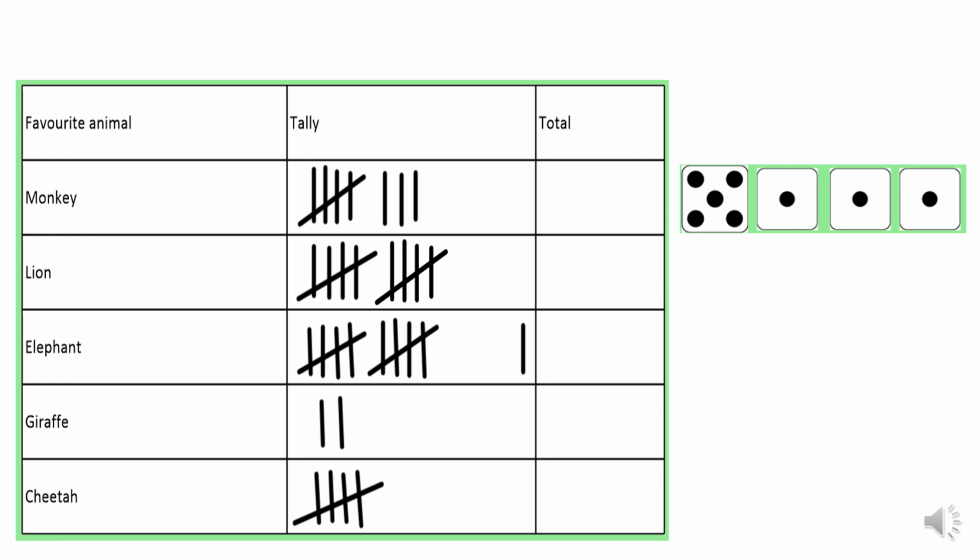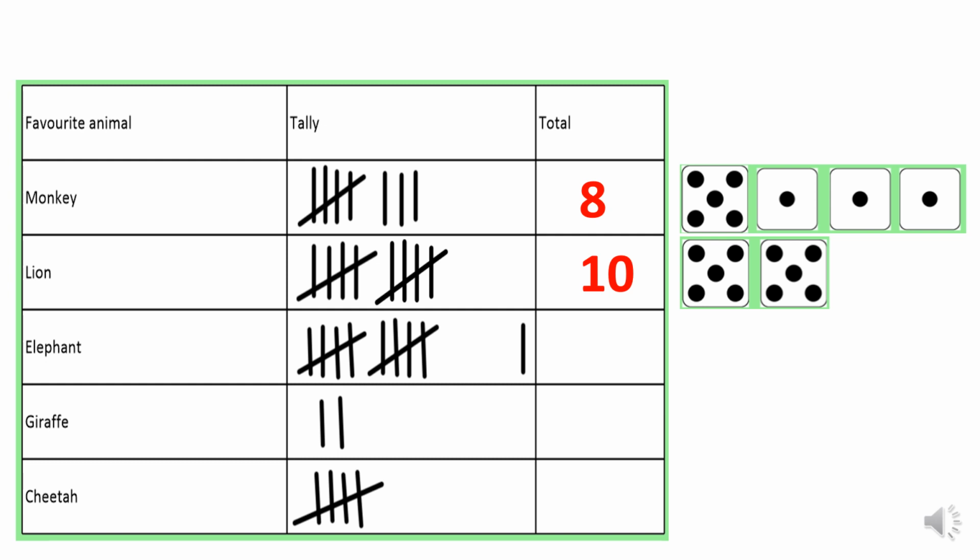So here you can see for monkey, in our tally, we've got 1, 2, 3, 4, cross the gate. This is 5. So we've got 5 and 3, just like in our dice there. So our total is 8. For lion, you can see 2 sets of 5 there, just like in our dice there. So this shows us a total of 10.